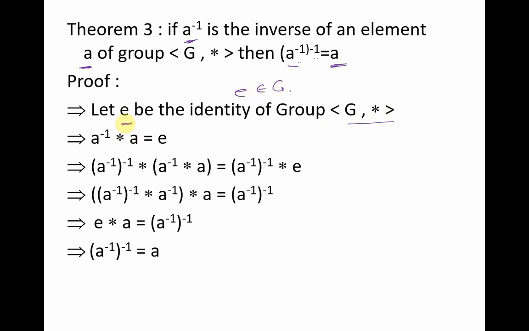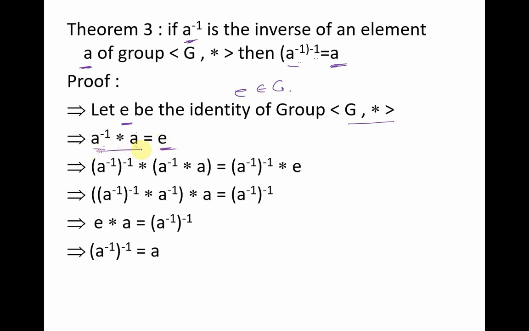If E is the identity element, I can write A inverse star A is equal to E. If A is an element and A inverse is its inverse, then by the property of the inverse, the operation on these two will give me the identity element. Now, A inverse star A is equal to E. Let us do one thing.